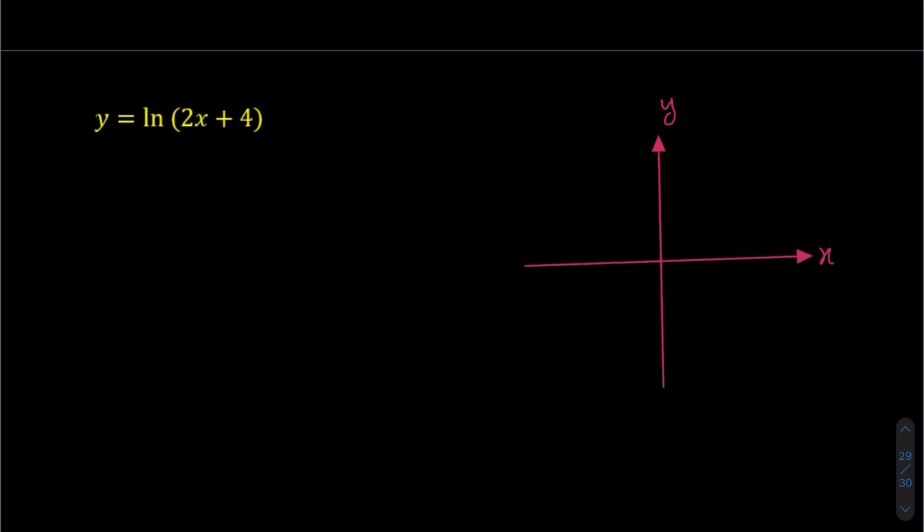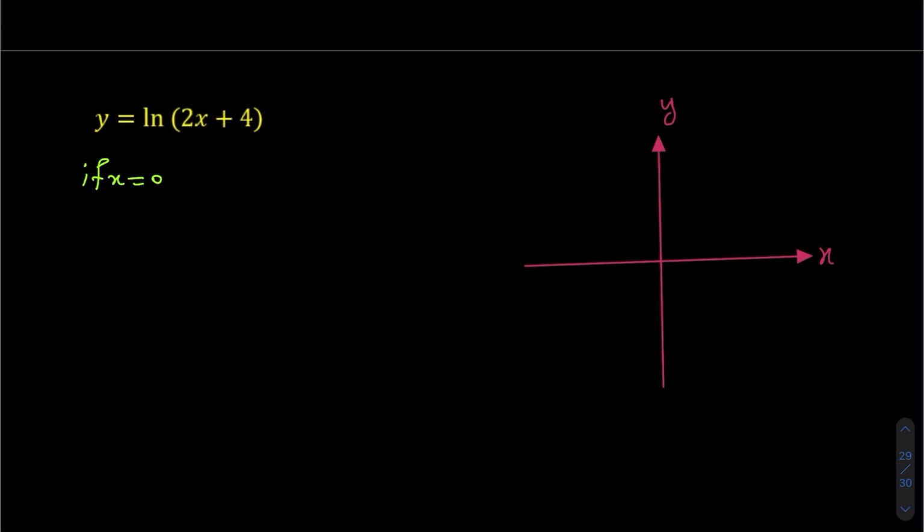Okay, in this example we will take exactly the same steps. So say that if x is equal to 0, then what will happen? Because I want to know if the curve intersects the y-axis or not, right?